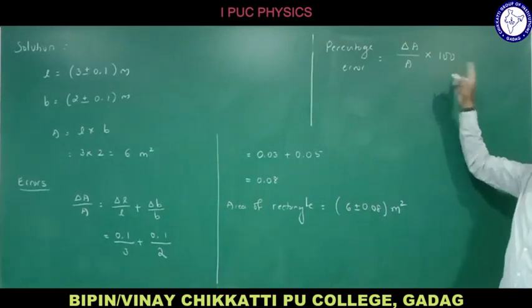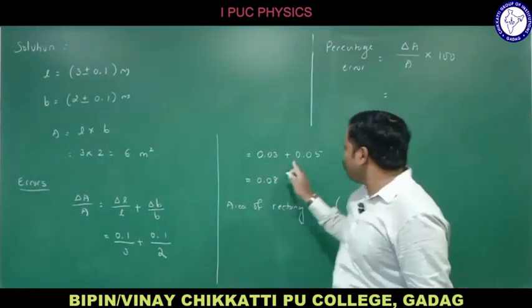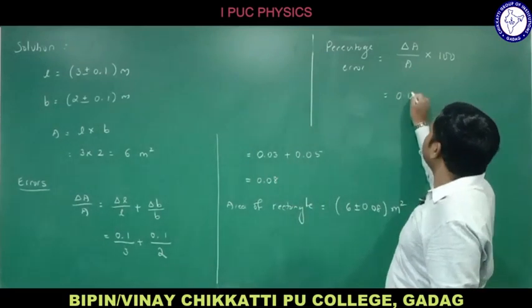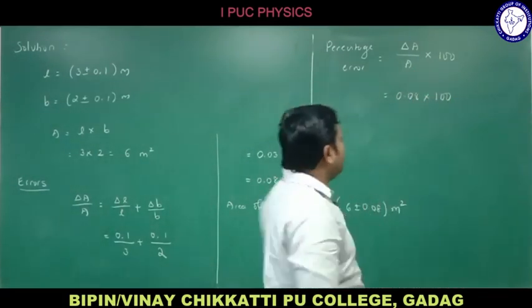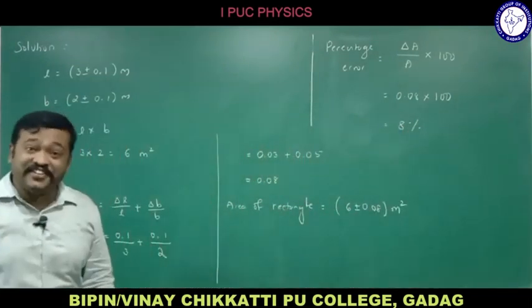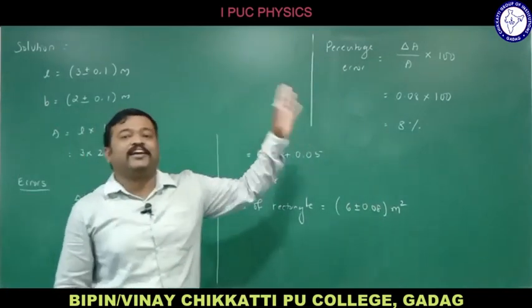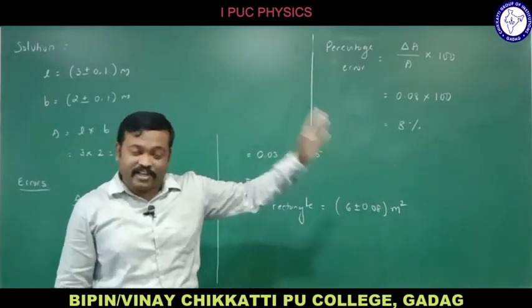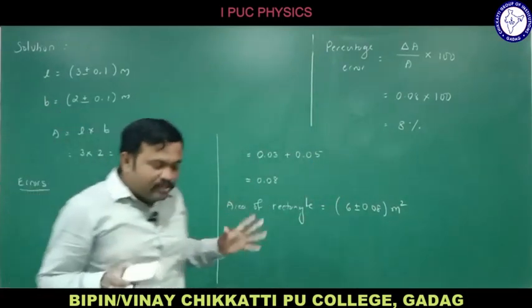Relative error expressed in terms of percentage. So what is delta A by A? We calculated it. How much did you get now here? 0.08, and we need to multiply it by hundred. If you multiply it by 100, how much do you get now here? That is 8%. This is how we calculated percentage error, right? Percentage error is equal to relative error into 100. Relative error expressed in terms of percentage is called as percentage error.